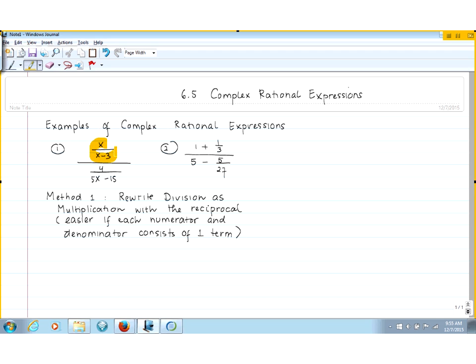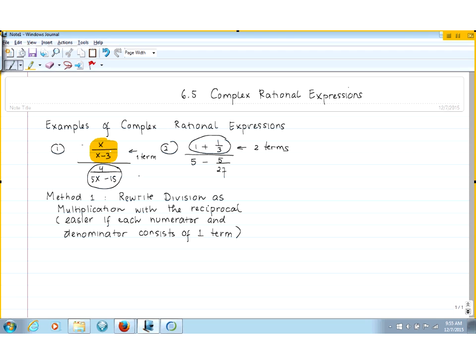So what do I mean? Look at the numerator here. How many terms is this? This is only one term. How about this? How many terms is this? 2 terms.